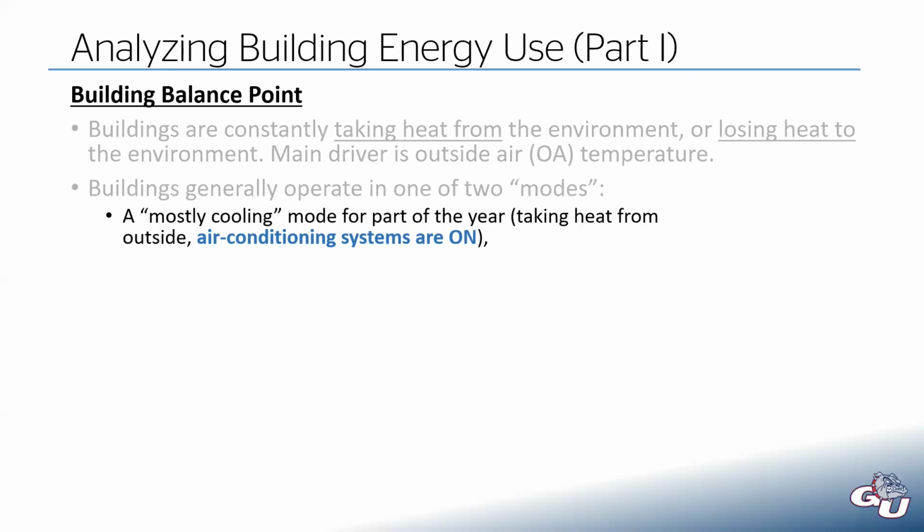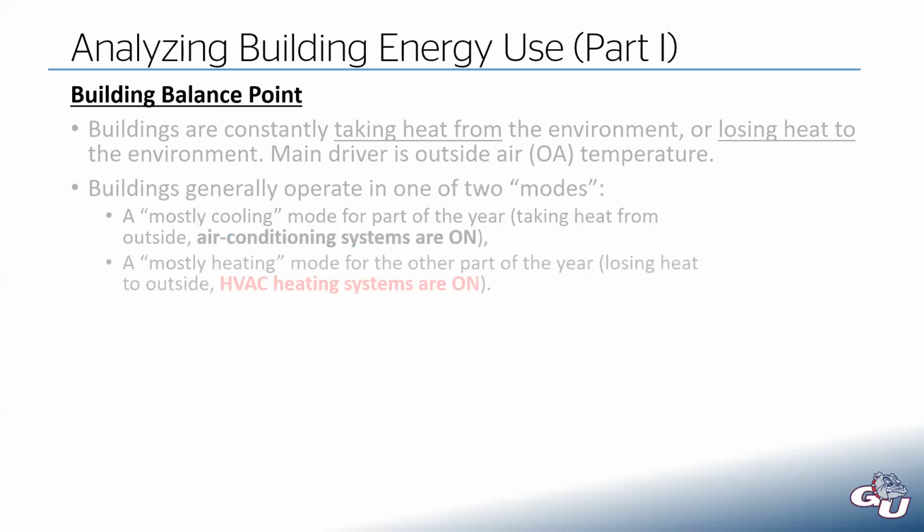The hot sun is out there trying to heat up our building, and so our air conditioners need to be on. Or we're in a mostly heating mode for the other part of the year, where we're constantly losing heat energy, meaning our heating systems have to turn on.